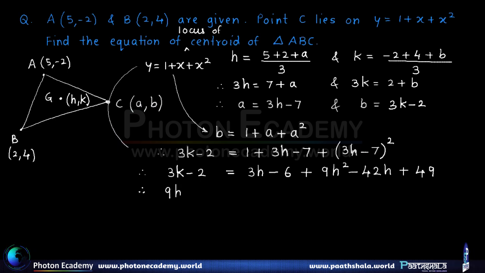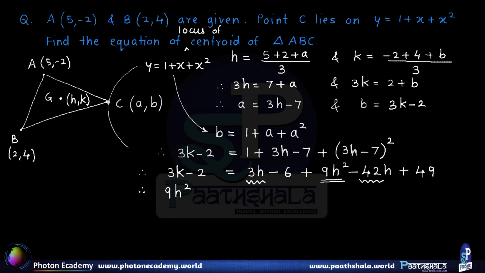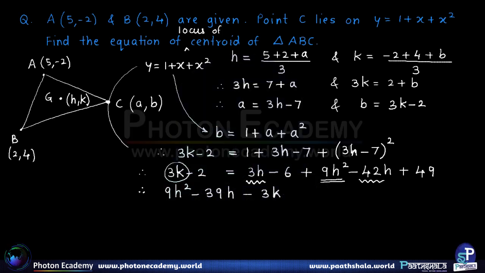So on the right side we collect the terms of h², which is a single term. Then if you consider the h terms, it is 3 - 42, so that gives us -39h, correct. Then let us collect the k terms. So 3k on the left side will become -3k on the right side, and you have 49 here minus 6, which gives us 43, and this -2 will become +2 there, so 43 + 2 is 45, equal to 0.